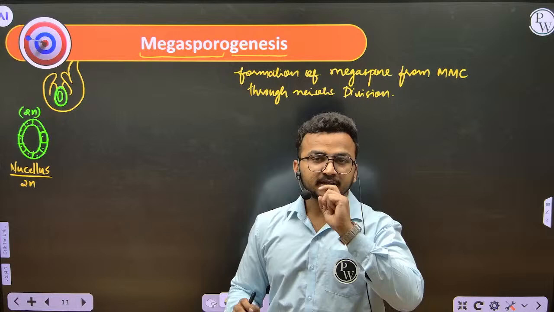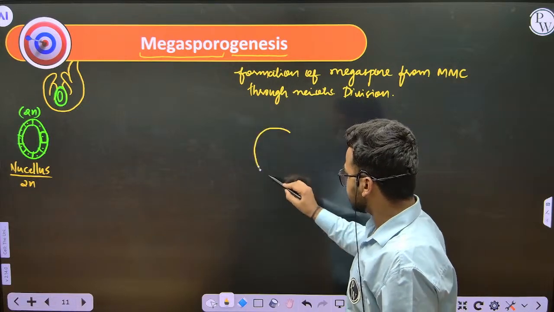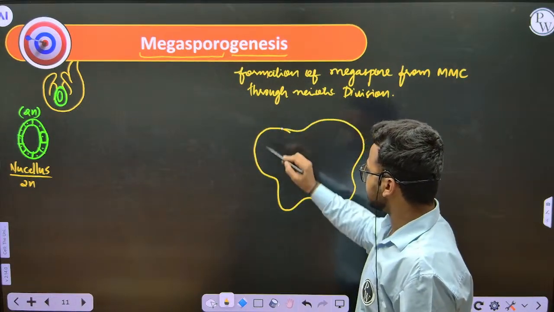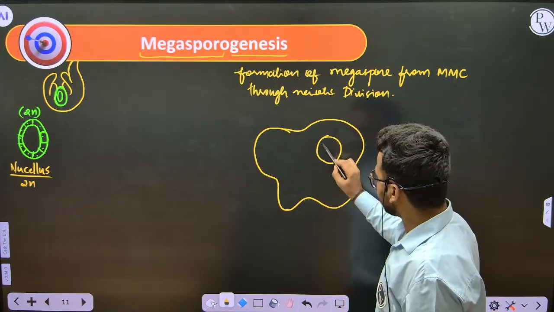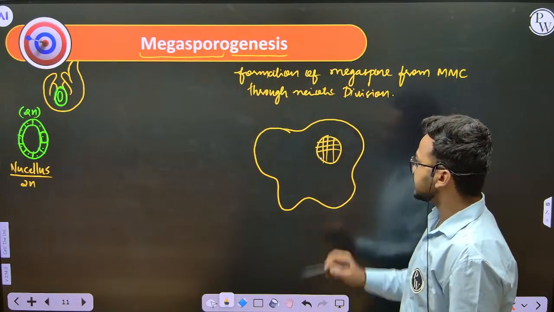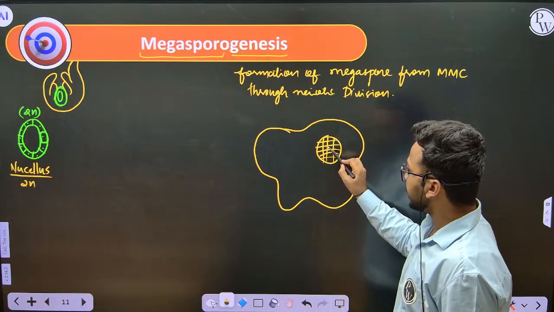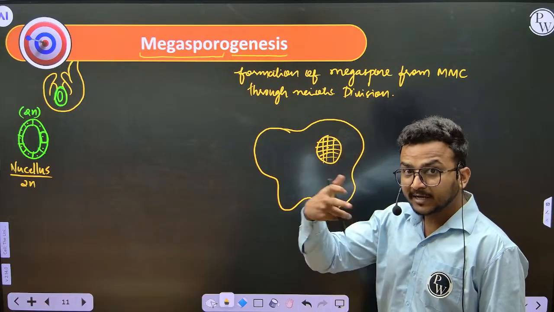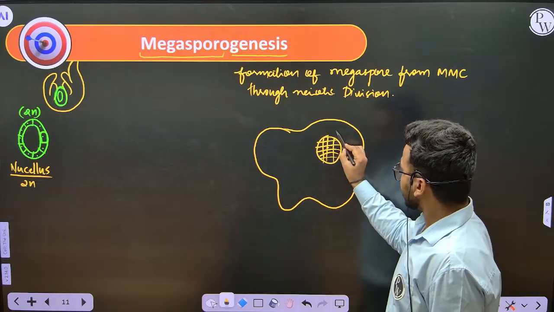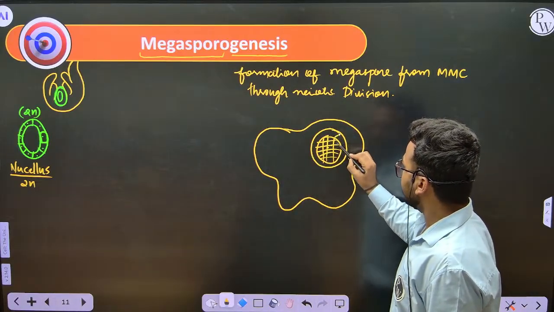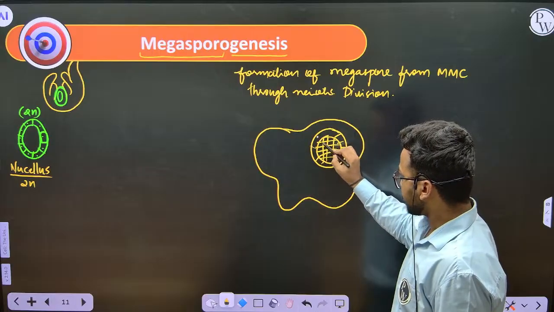It is like in microsporogenesis, in the microsporangium, where within it you see sporogenous tissue, which is going to form microspores or pollen grains. Surrounding these pollen grains you see the tapetum.